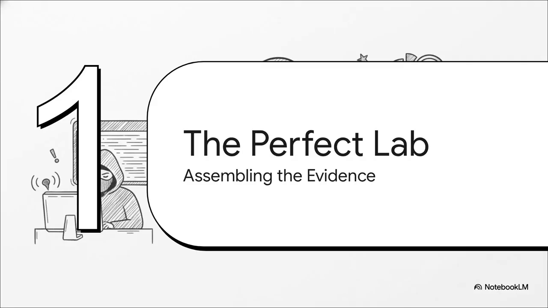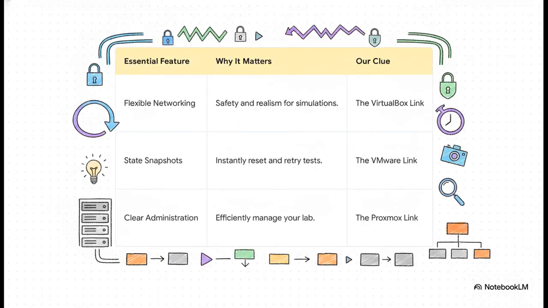Okay, so we've examined all the clues. We have networking for safety, snapshots for repetition, and administration for control. Now let's assemble all this evidence and finally reveal the secret to the perfect pen testing lab. And here it is, the whole case laid out. Our investigation uncovered three absolutely essential features.